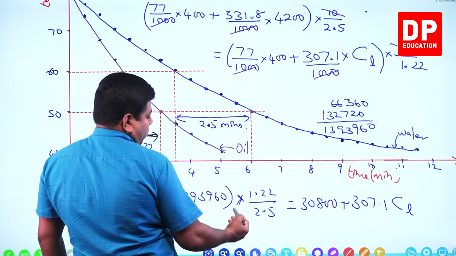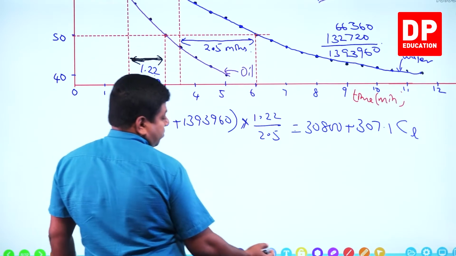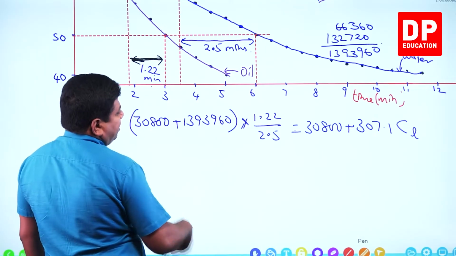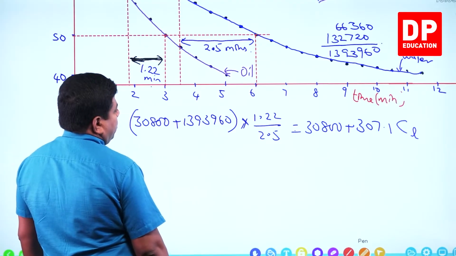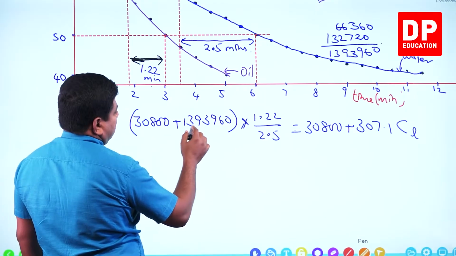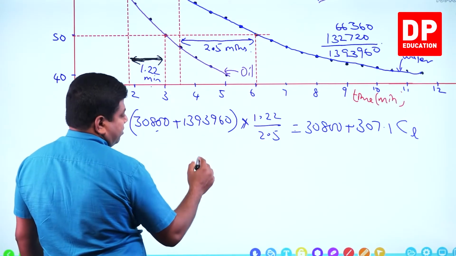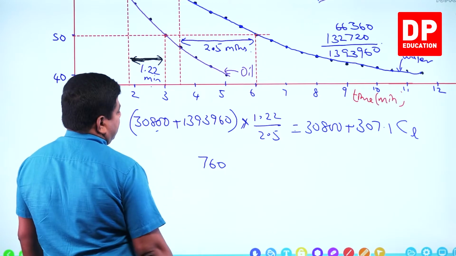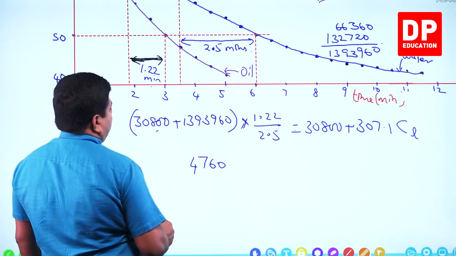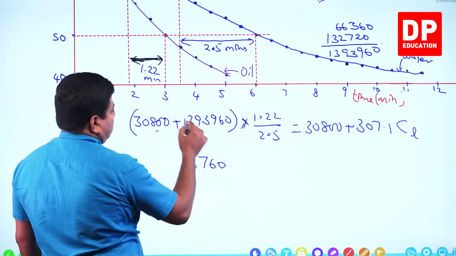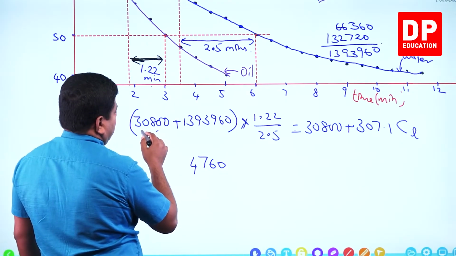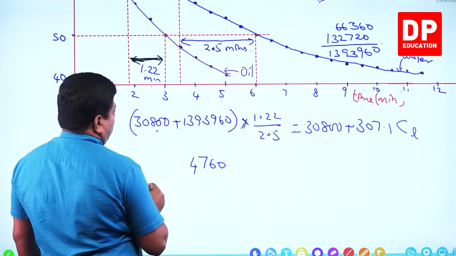Now what you have to do, let's add these two. If you add 800 there, 760, and then 9 is here, 3, 4, check that, 0, 6, 7, 4, 139.